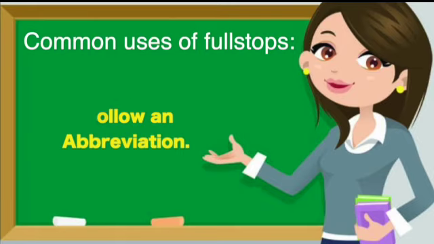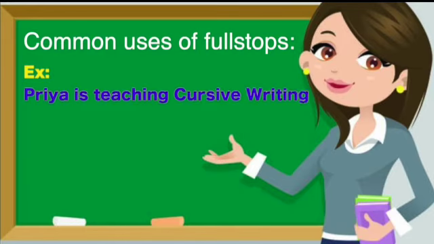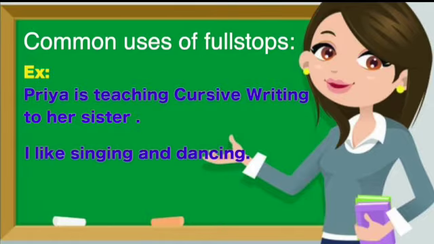Let's see few examples here. Priya is teaching cursive writing to her sister. This is a sentence which ends with a full stop. Another example is I like singing and dancing.